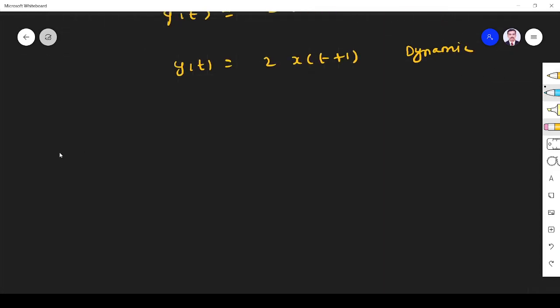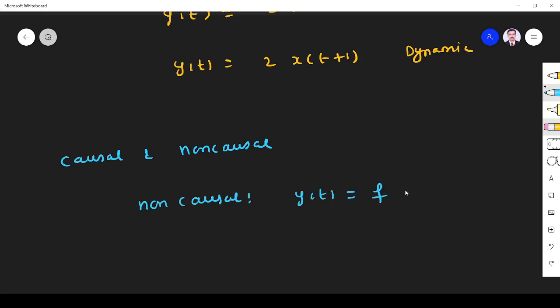Next one, causal and non-causal. Whenever you want to check causal or non-causal, you check non-causal first. A system is called a non-causal system if the present output is a function of future input in addition to others, right?